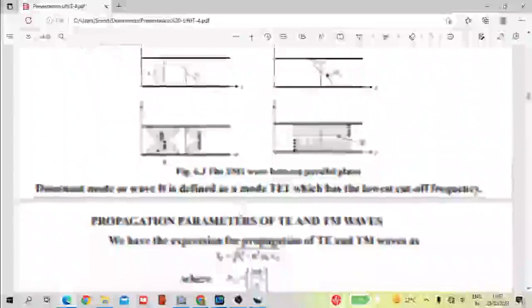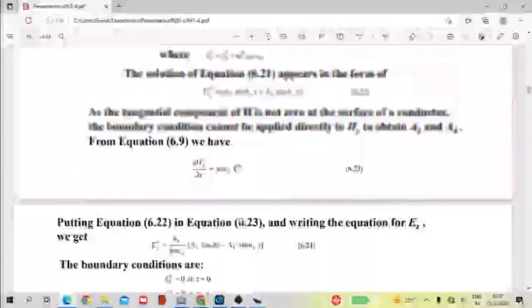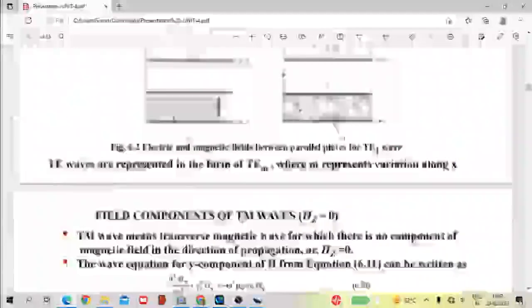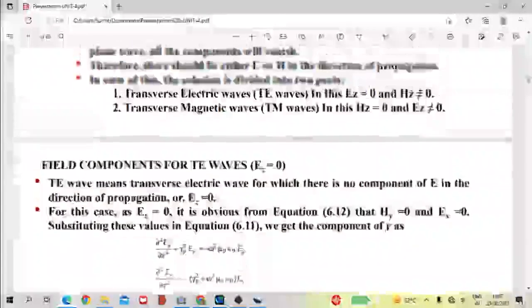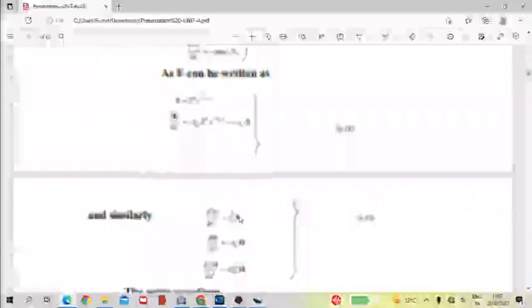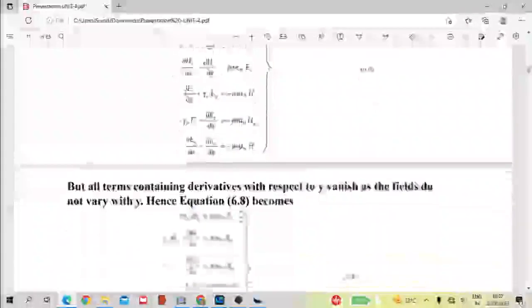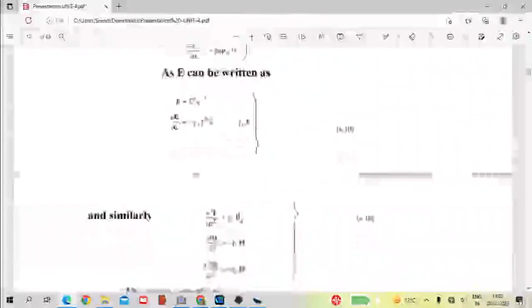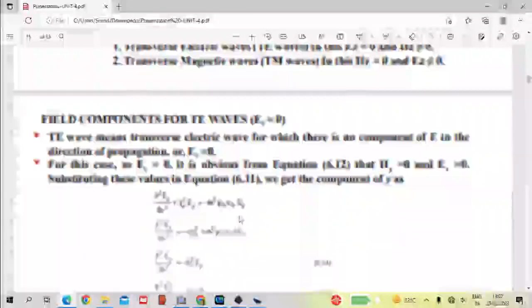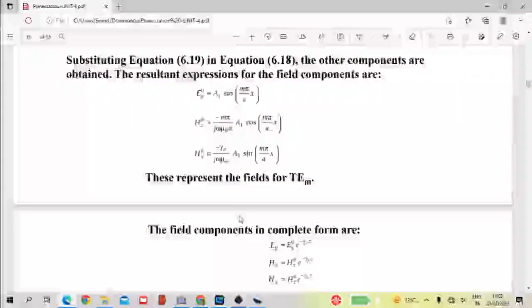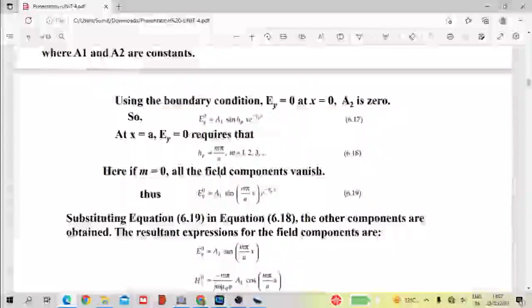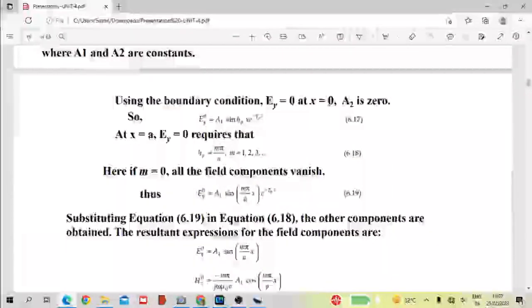So we see those boundary conditions here. See, Ey is 0 at x equals 0 and a2 is 0.